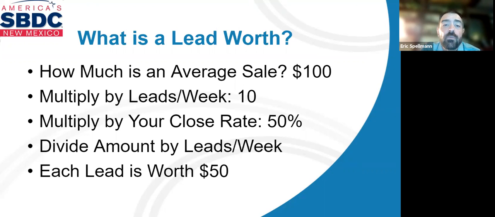But like I said, every single person should be able to do this calculation. And I also recommend that SBDC counselors probably do this little example with their clients as well, for those who are seeking leads.